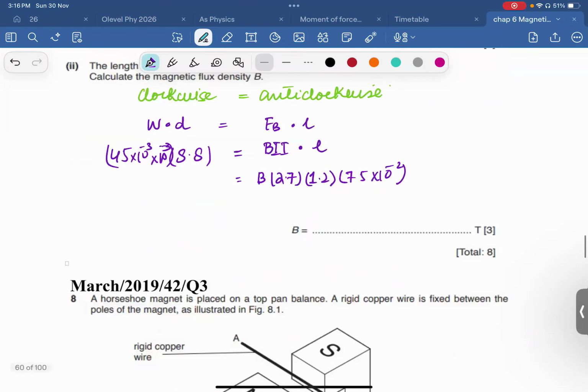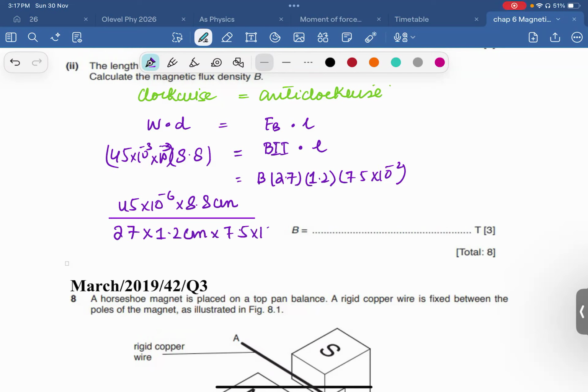Now let's find that out. So 45 exponent -6 into 8.8 centimeters divided by 2.7 into 1.2 centimeters into 7.5 exponent -2.